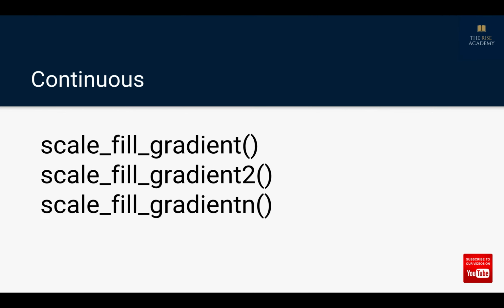So for continuous data, these are the functions, and it is pretty easy to remember because all of them have the word gradient in it. And that's because whenever we are visualizing continuous data, the colors are in the form of a gradient. And so we have these functions which have the word gradient in it and help us to remember what functions are used to display continuous data.